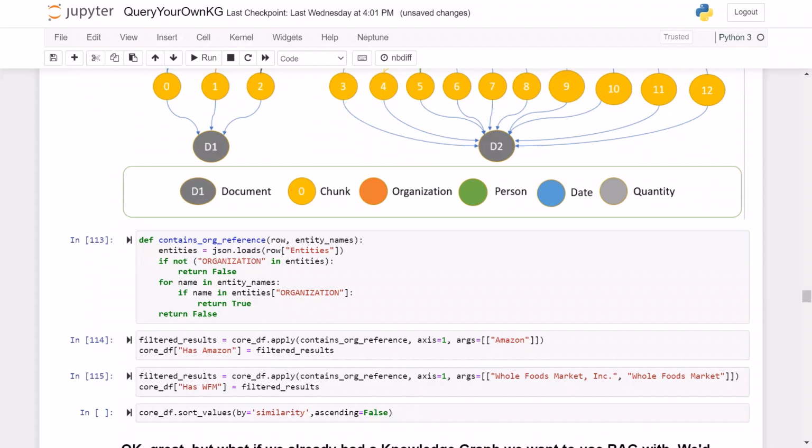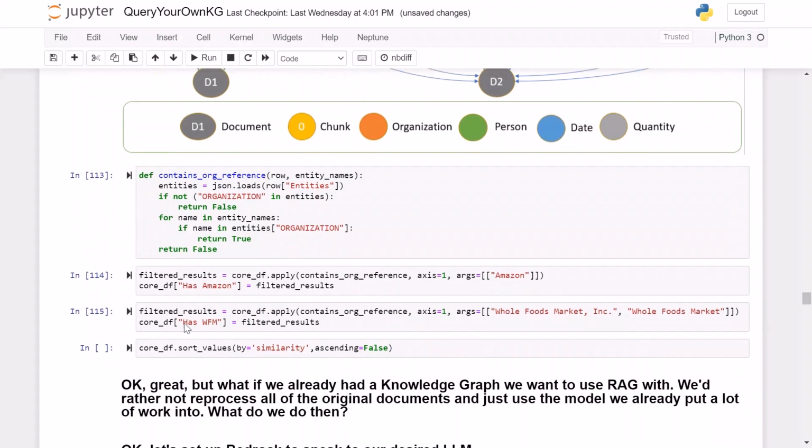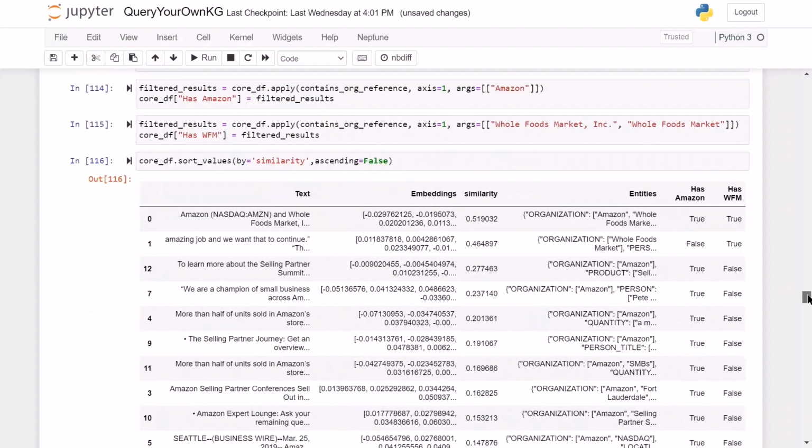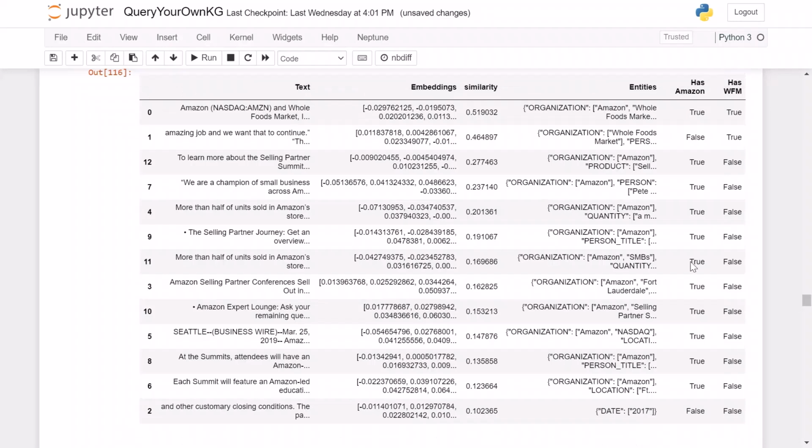So here I'm going to look for Amazon or Whole Foods Market Incorporated or Whole Foods, and I'm going to create new columns, Has Amazon and Has Whole Foods Market, and I want to show the results here. So these are all sorted in order of that similarity that we calculated before. Remember that when we did just RAG, we essentially had this set of information, the first three columns. By adding in graph RAG, now we have these extra columns here.